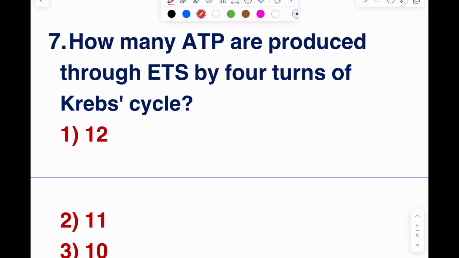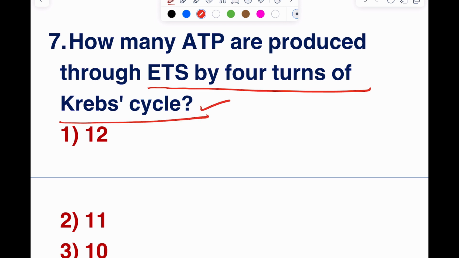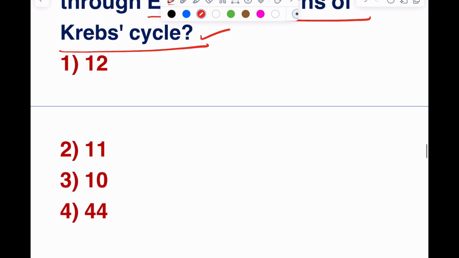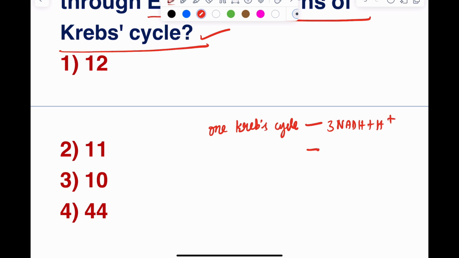Next one. How many ATP are produced through ETS by 4 turns of Krebs cycle? See, one Krebs cycle will produce 3 NADH plus H and 1 FADH2, right?